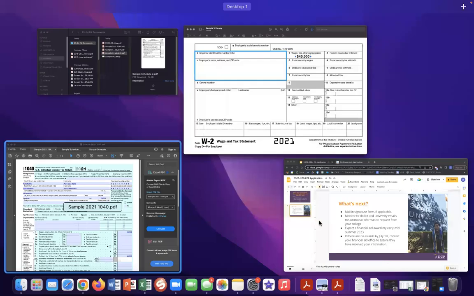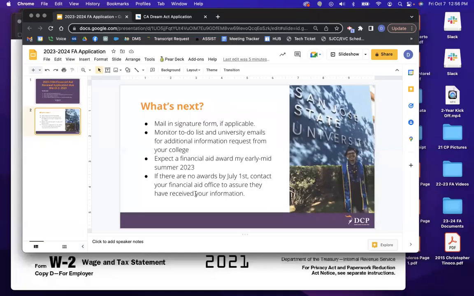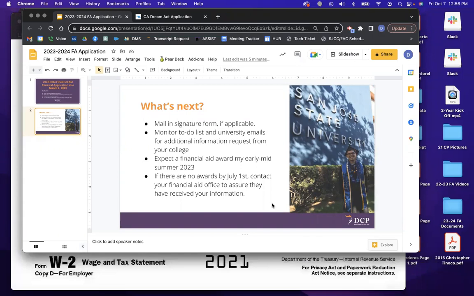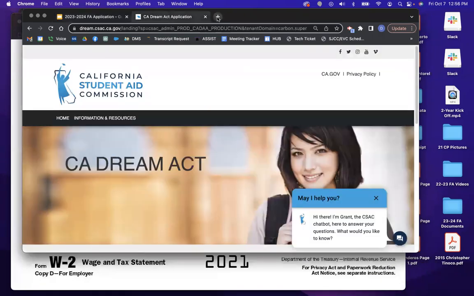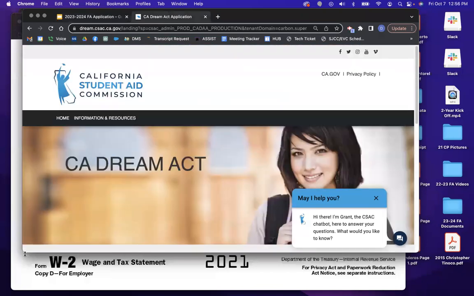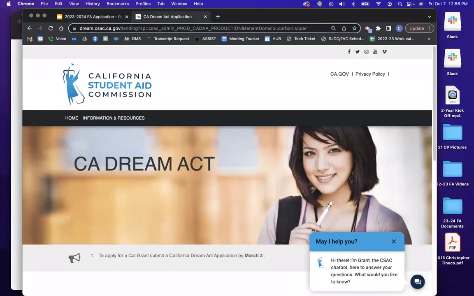So to get started, today we are going to be working on the application for the California Dream. So what you're going to do is go to the California Dream application website. That looks like this.